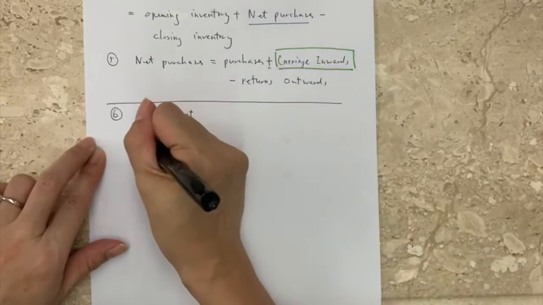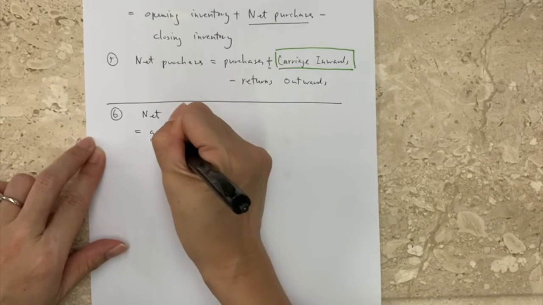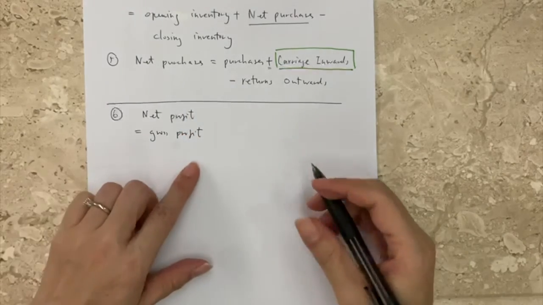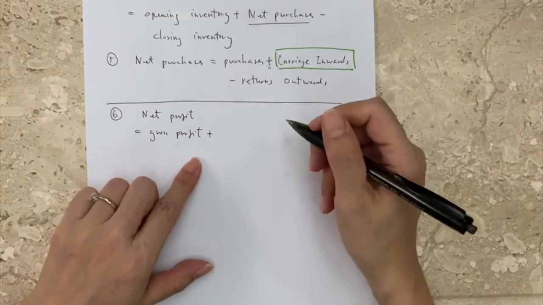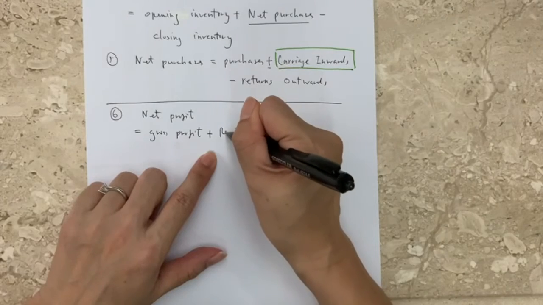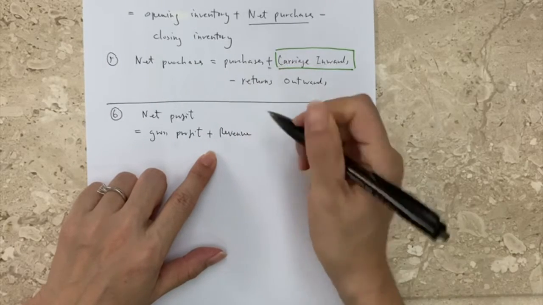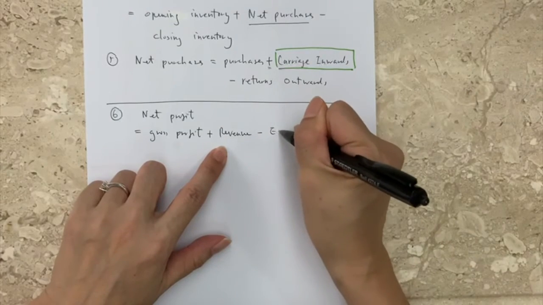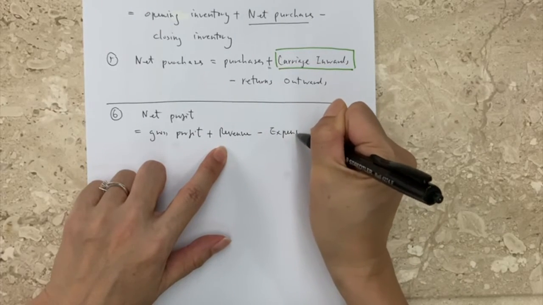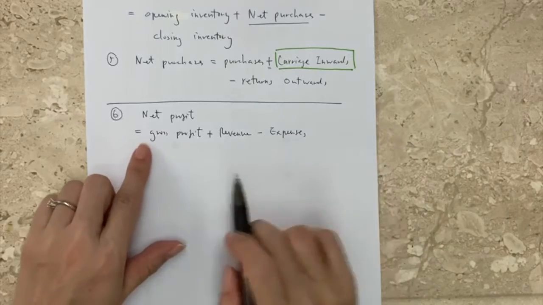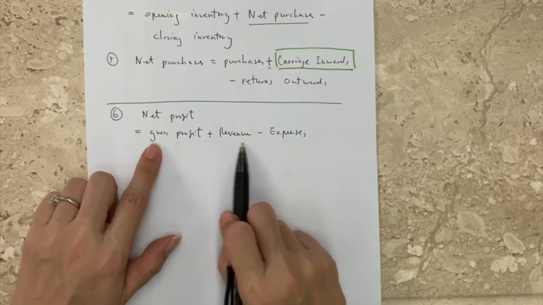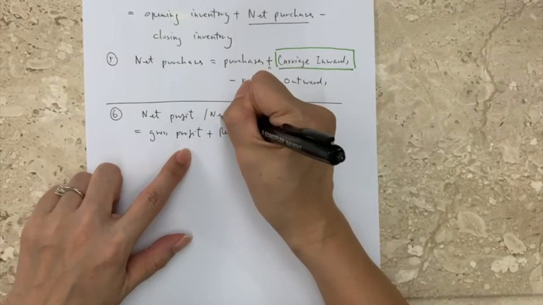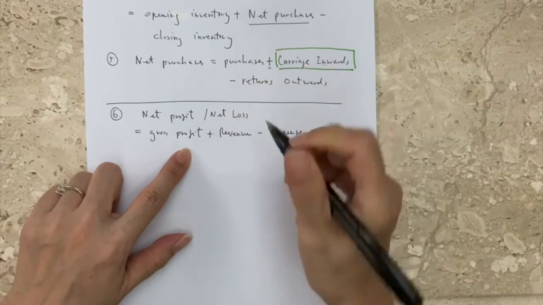Okay, so we start with gross profit that we worked out in the trading account, right? So the good things to the owner will be revenue. Therefore, we add revenue to gross profit and minus all the expenses. Okay, so if this figure is smaller than expenses, we don't make profit, then we make net loss.